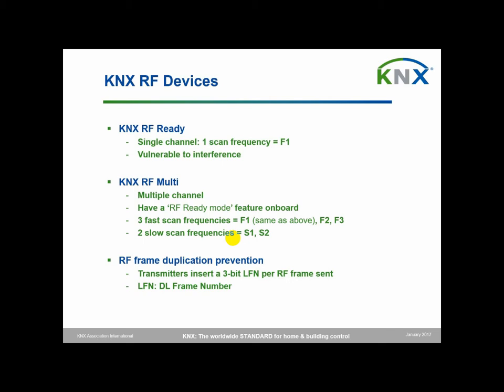So in practice, when such a device sends a first telegram, the frame number will be set to 0. Next time it will be set to 1, 2, 3, 4 until 7, and then it will wrap around to 0 again, just to prevent duplication. So if a receiver receives a 0, and next time again receives a 0, or it receives a 5 and next time again a 5, then it means that the second 5, in this example, needs to be discarded.